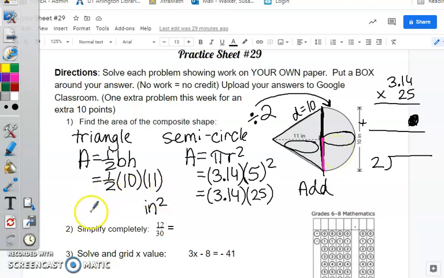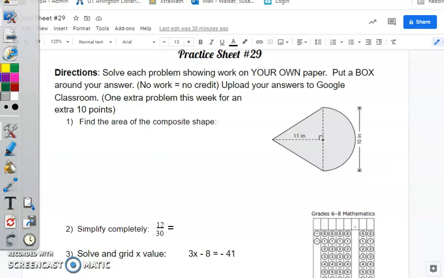Once you have this number and this number, then you add those 2 pieces, okay? So I'm leaving you with the arithmetic to do. Multiply here, put it here. Multiply here, put it here, divide by 2 because it's half. Add those 2 numbers. Carefully make sure you've lined up your decimals.